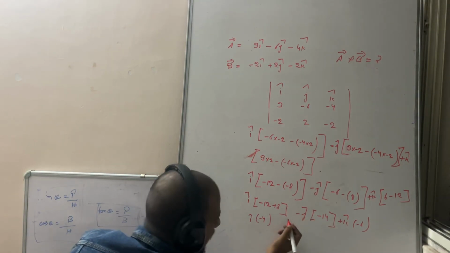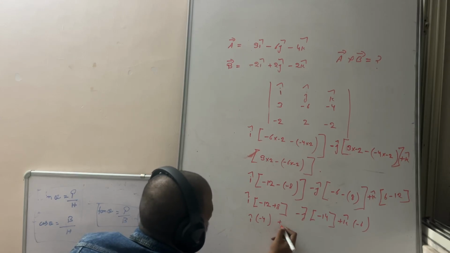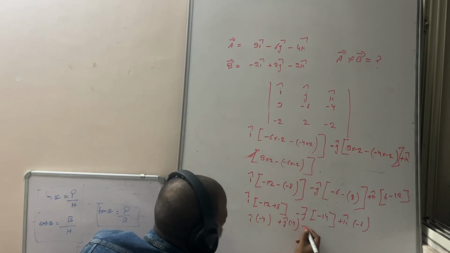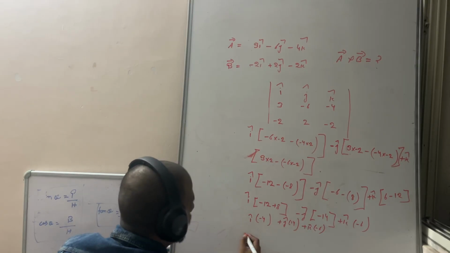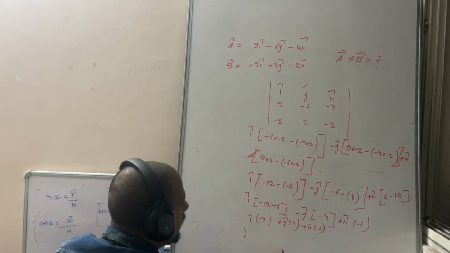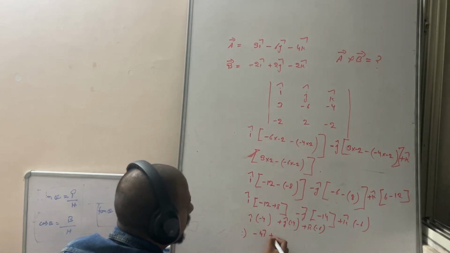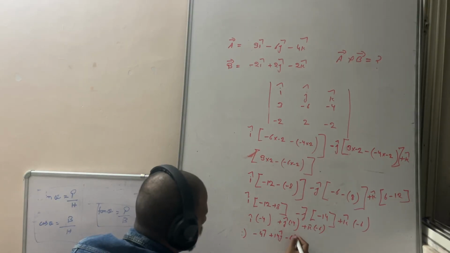Now we can write it properly: minus 4i plus 14j minus 6k.